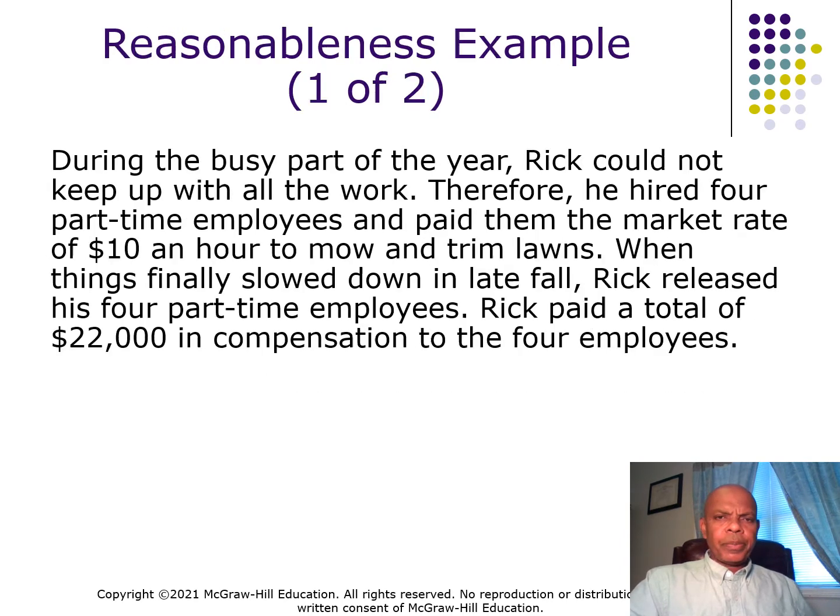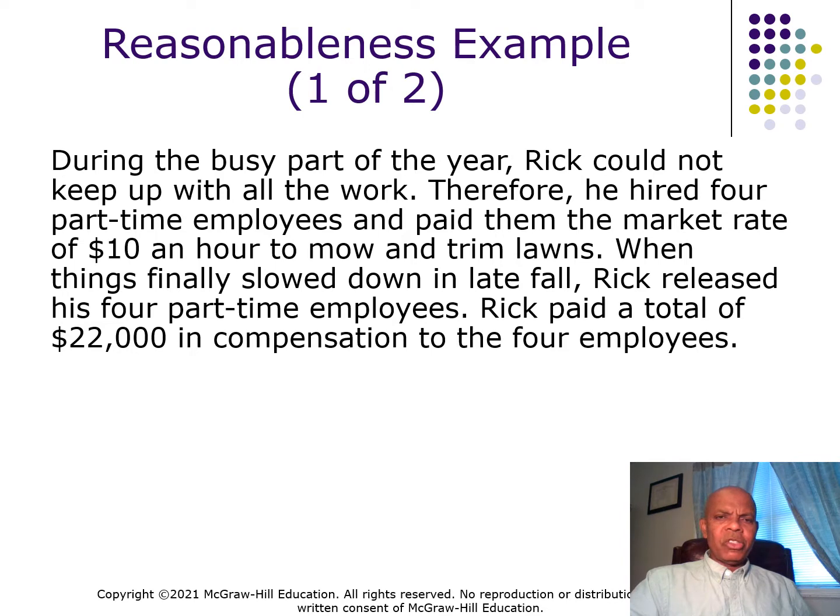Okay, now here's a reasonableness example. During the busy part of the year, Rick could not keep up with all the work. Therefore, he hired 4 part-time employees and paid them the market rate of $10 an hour to mow and trim lawns. That's his business.